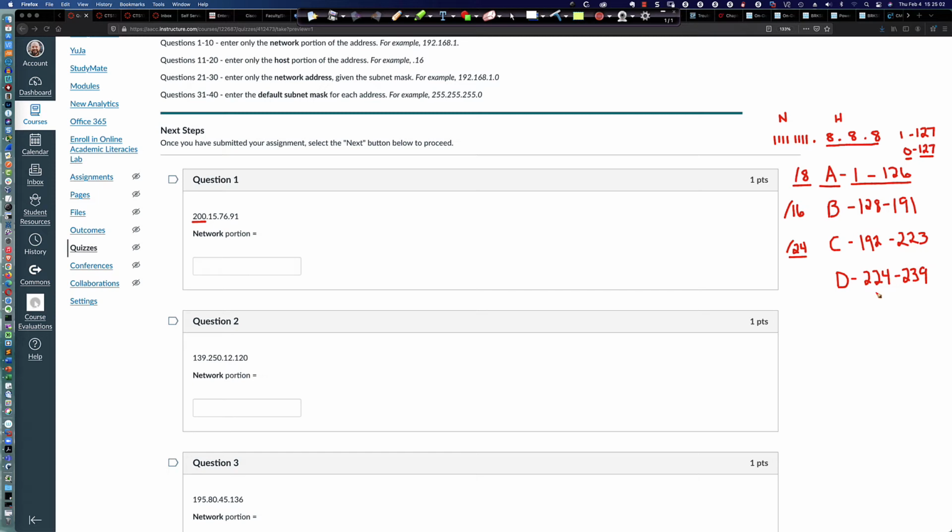And again, those addresses are used to communicate from one OSPF speaker to one or more other OSPF speakers. And so that's our Class D.